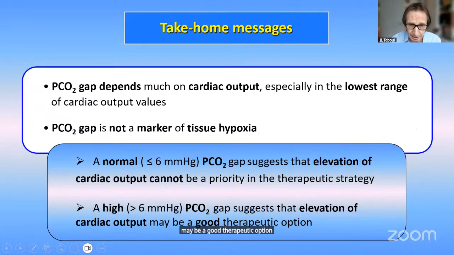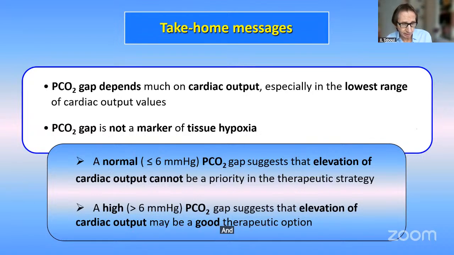And again, it is very convenient to have this value because sometimes you have a shock plus high SvO2, or SvO2 between 70% and 80%. You don't know if you have to increase cardiac output because you know that SvO2 is not reliable in this kind of situation.